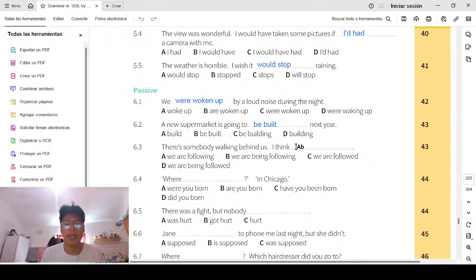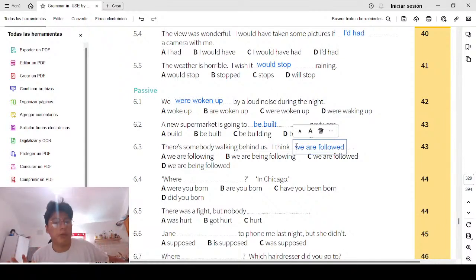Next one. There's somebody walking behind us. I think we are followed. Why "we are followed"? Because we're talking about the object. Remember, when we use the passive voice, the focus is on the object, not on who is doing the action. In this case, there's somebody, I don't know that person, maybe a thief.